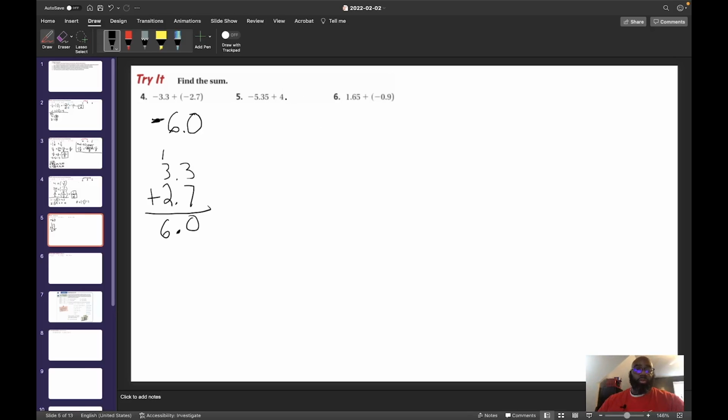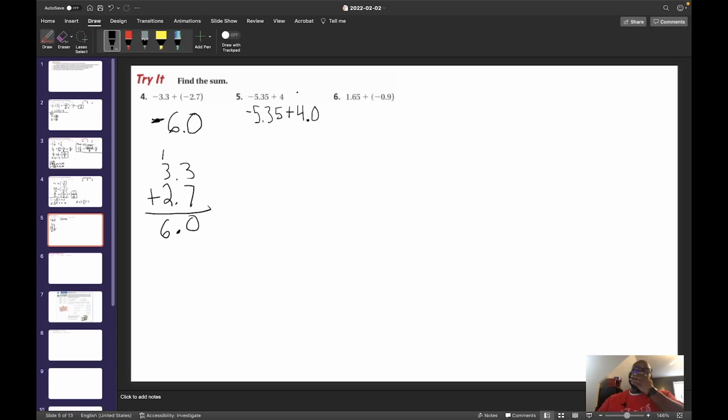Coming back over here, let's do number 5 real quick. This is a 4. You don't see the decimal point, but really it's 4.0. So this is -5.35 plus 4.0. This first number is negative, and then we're adding a positive.